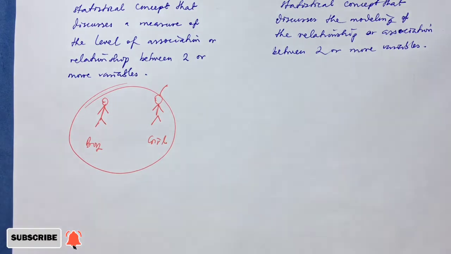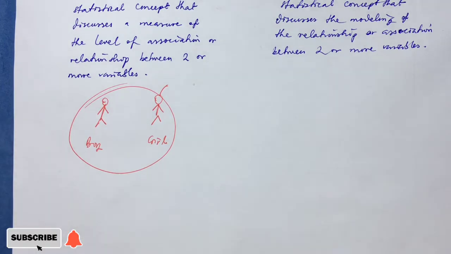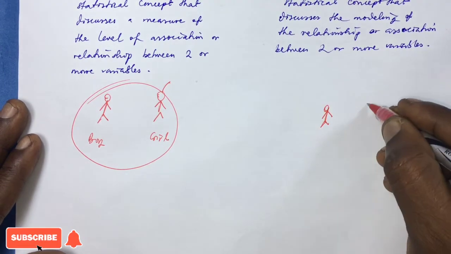Is it strong or weak? It is in correlation we answer the question, are they related to start with? And it is also in correlation we answer the question, how strong is their relationship or how weak is their relationship. But in regression, we no longer ask that question or answer that question.